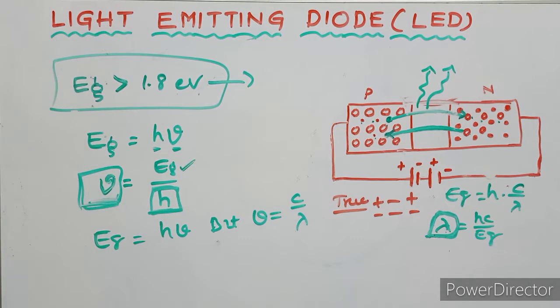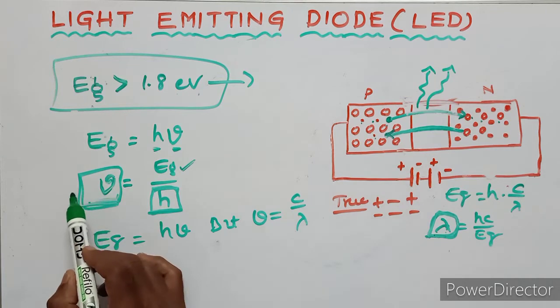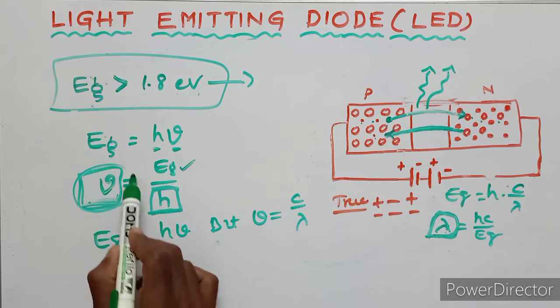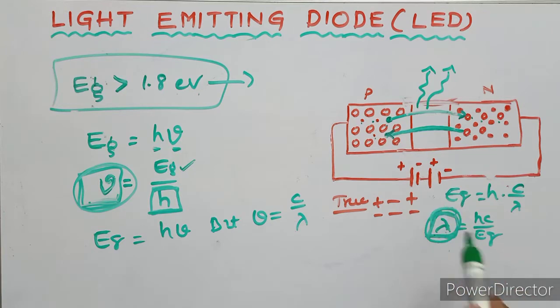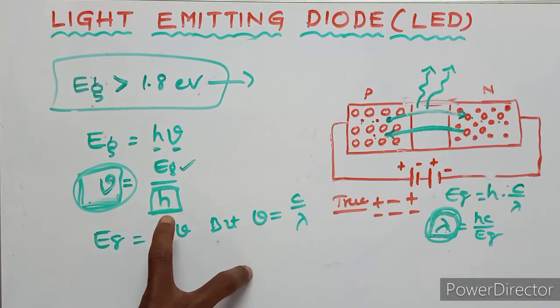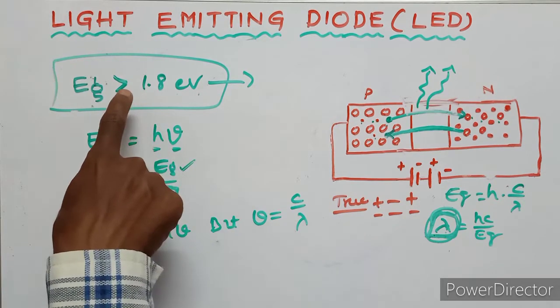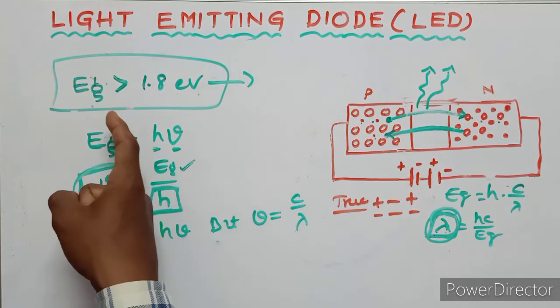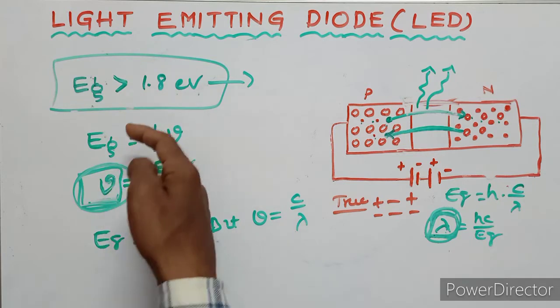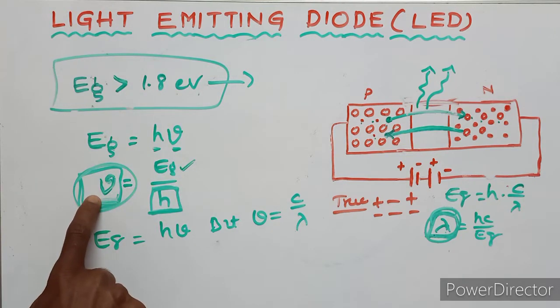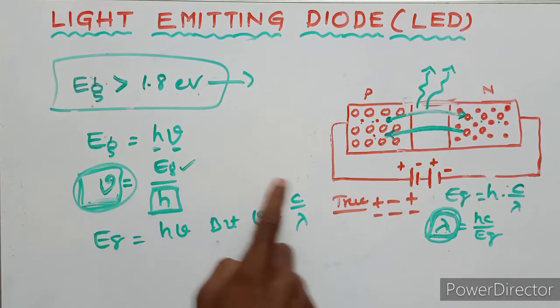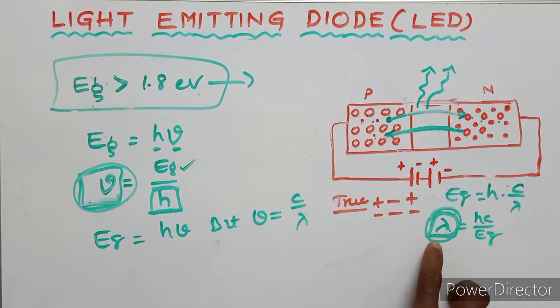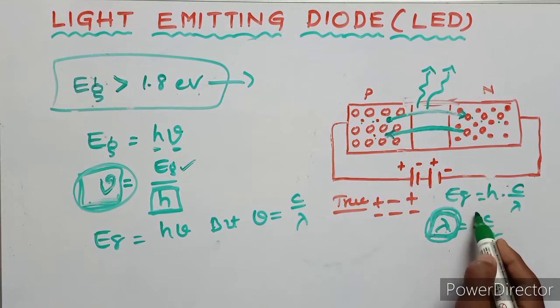Okay, so here the energy gap is dependent upon frequency and also wavelength. Wavelength and frequency are reciprocals. So this is the energy gap, and the energy gap decides the color. Frequency is dependent upon energy gap, and wavelength is dependent upon energy gap, because here h is Planck's constant.